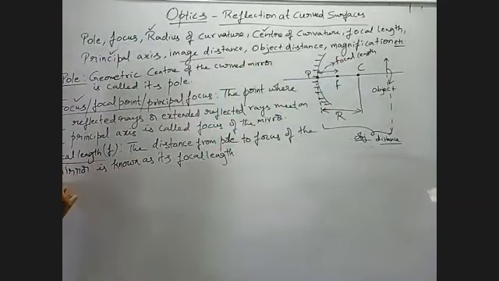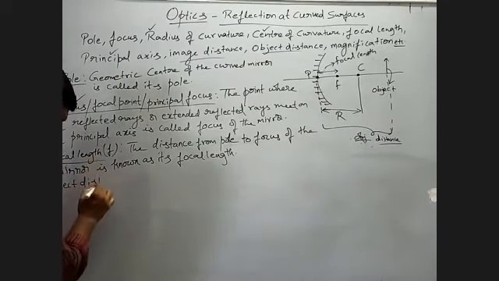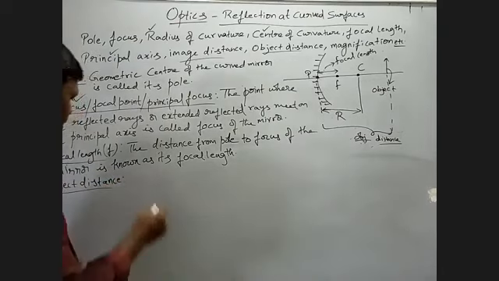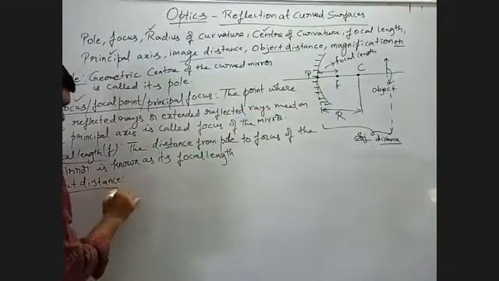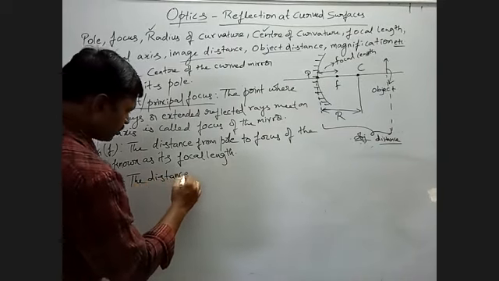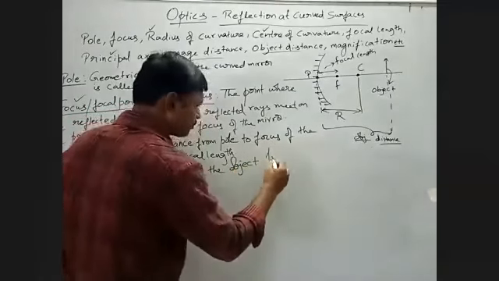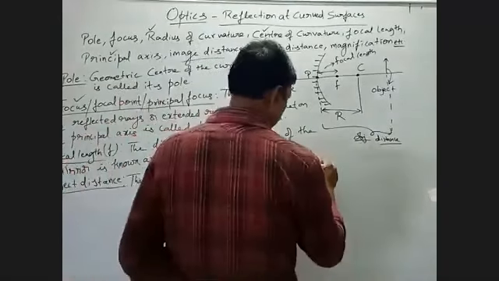Object distance first. What is the object distance? From where do we have to measure the object distance? We should measure the object distance from the pole only. So object distance is the distance of the object from the pole.